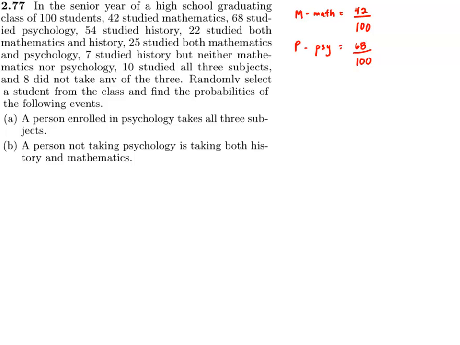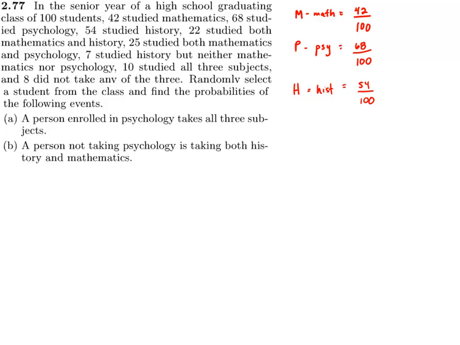And then we have history, and that is 54 over 100. We also have some information about the intersections.